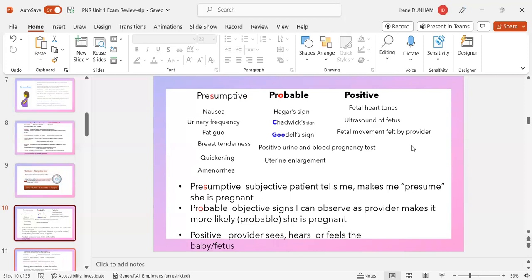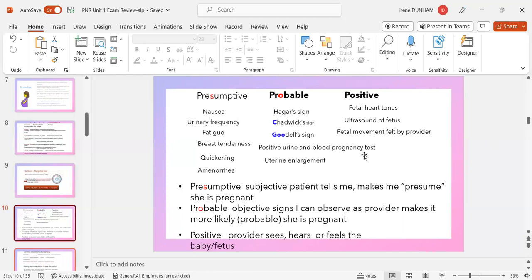So know those. If I were to ask you, what is a positive sign of pregnancy? And you had choices such as breast tenderness. That's not positive, correct? Morning sickness is not positive. A positive pregnancy test is not positive. No, it's not. It's probable. It's close to it.